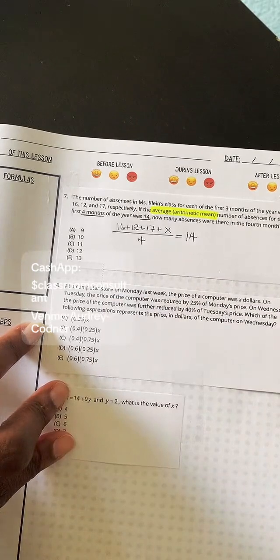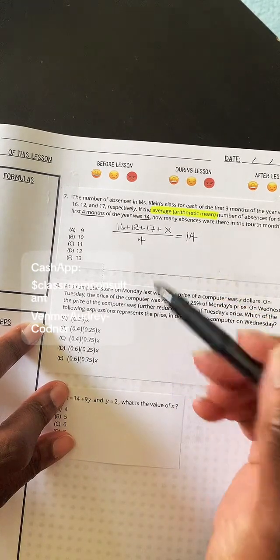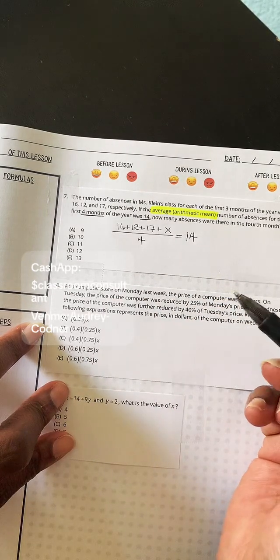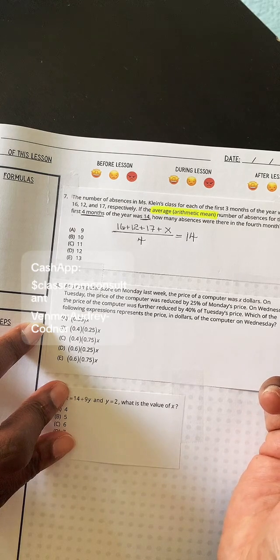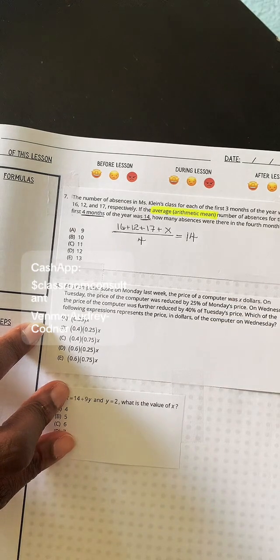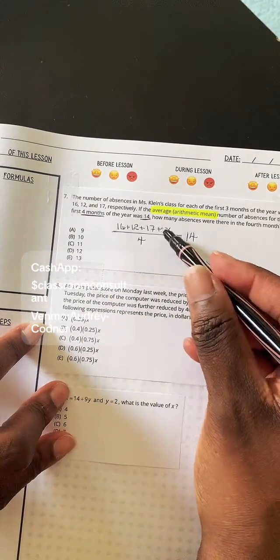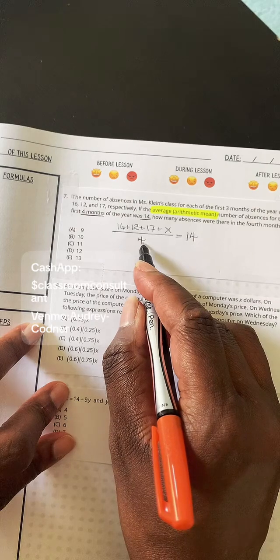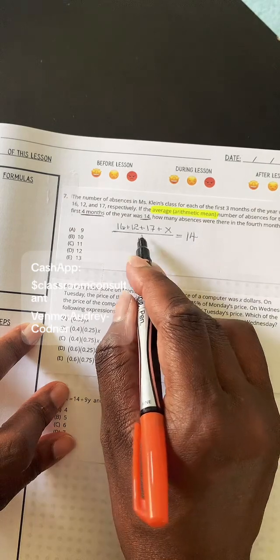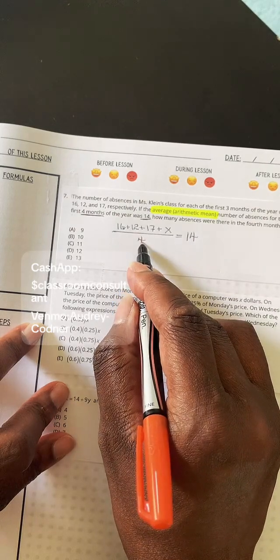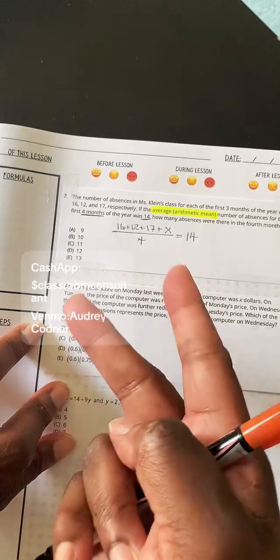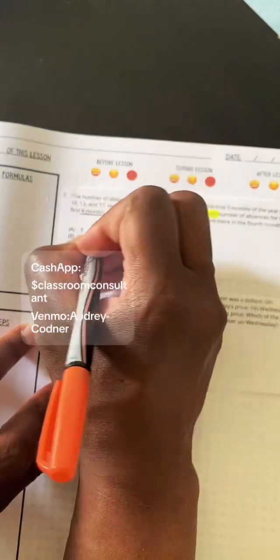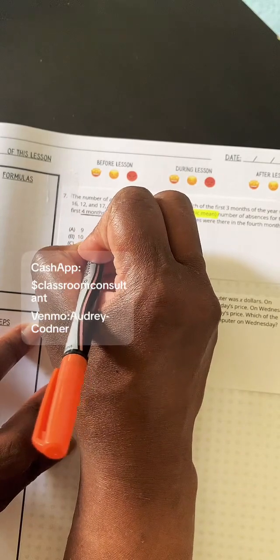First thing I want to do, I want to get it out of this fraction form. Because let's be real, we don't like fractions, right? So why not get it out of that fraction form? So in order for me to get it out of the fraction form, I need to get rid of this 4. So this is saying dividing 4. The inverse of division is multiplication.